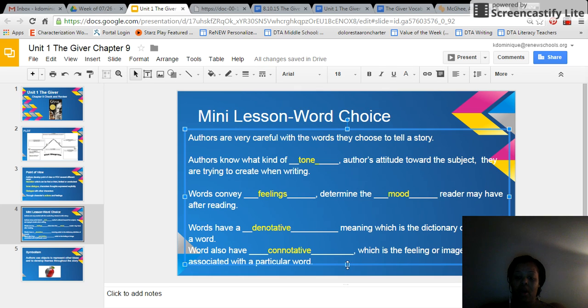For example, the word murder sounds really harsh and very gory, and really tragic. But a lot of times, the police officers in the courtroom, instead of saying murder, may use homicide, especially when they're talking to the victim's family, because it doesn't sound as harsh or blunt.